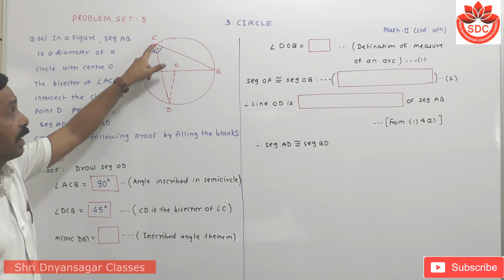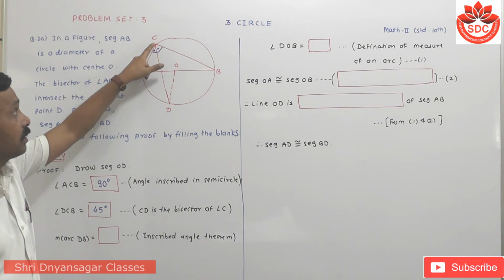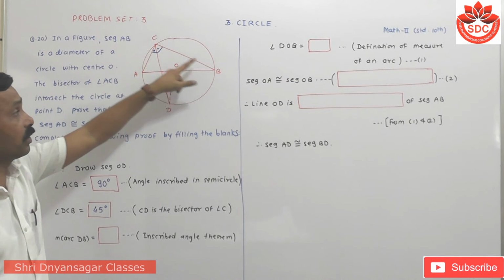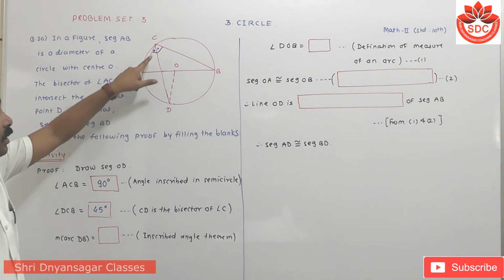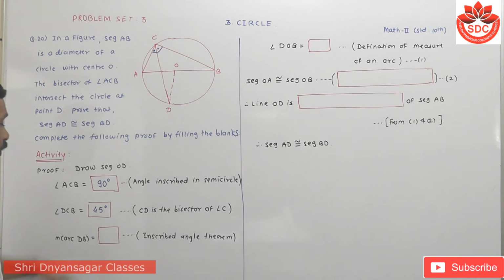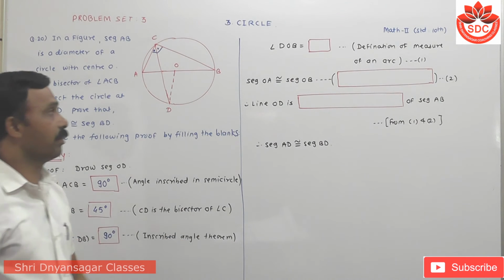Then measure of this angle, according to the inscribed angle theorem, this vertex lies on the circle. In that, the measure of angle C is equal to half of the intersected arc. This is 45 into 2 becomes 90, equal to the measure of arc DB. So it is how much? 90 degrees by using inscribed angle theorem.